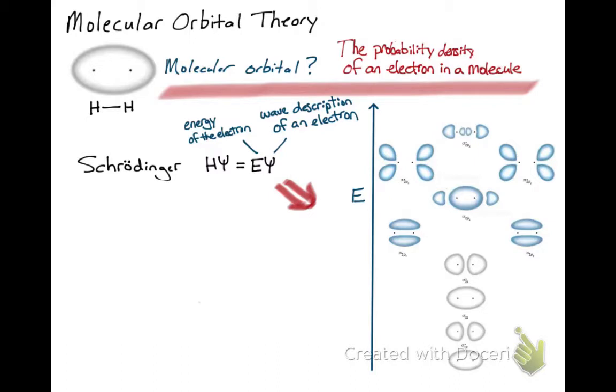So these molecular orbitals probably look fairly complex, and they are, but we will find that we can produce them relatively easily by thinking of them as combinations of the original atomic orbitals on the atoms that are bonded together. So in other words, we can take combinations of the atomic orbitals, like the s orbitals on the H atom, and combine them to make molecular orbitals.